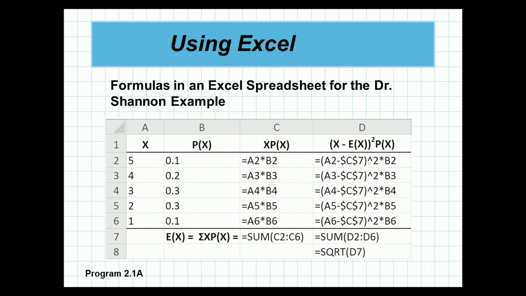And in column D, first of all, we sum all of those. Look down at cell D7, where we're summing those answers. And in D8, we're getting the square root of that. That's going to give us the variance, but we don't need that part for the homework. We just need to get the expected value, which goes down to line 7.